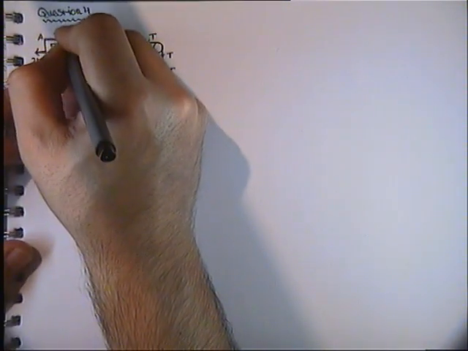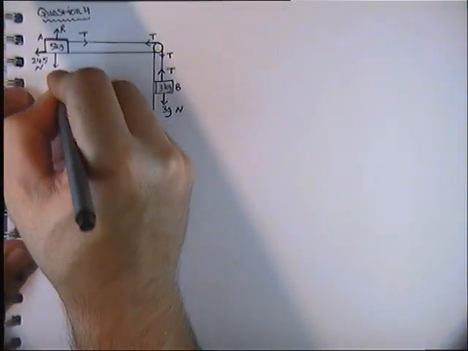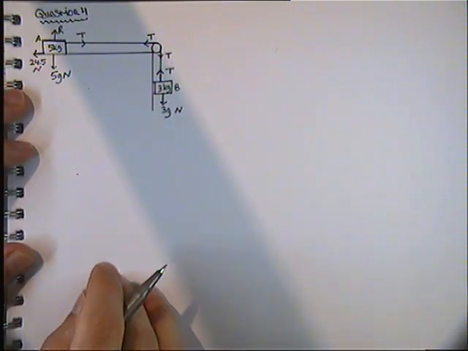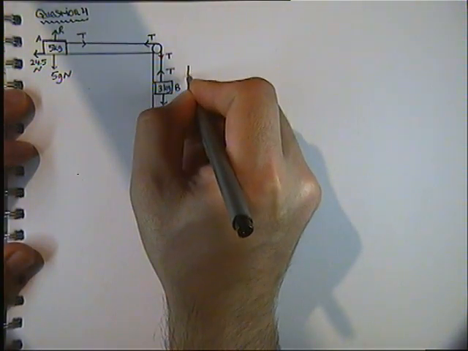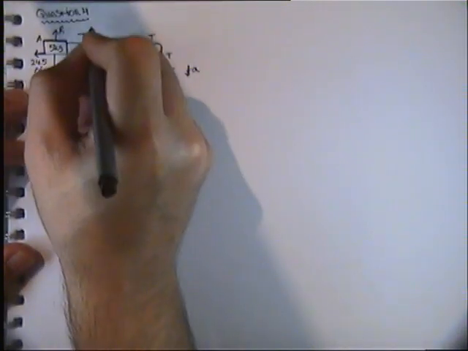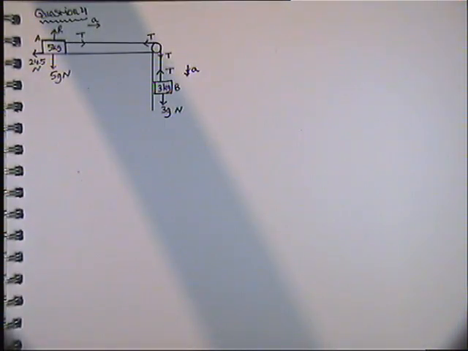The reaction force should be upward because there is 5g Newtons downward. It's moving in this direction, therefore the acceleration is in this direction, and the acceleration for B is in this direction. So we wrote down all the information for both particles A and B and of course the pulley.